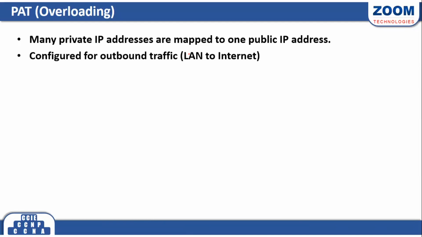LAN means in a local network there can be 200 users, or 65,000 users, or 16 million users, who can reach the internet. All users can access the internet at the same time. All LAN users can reach it.